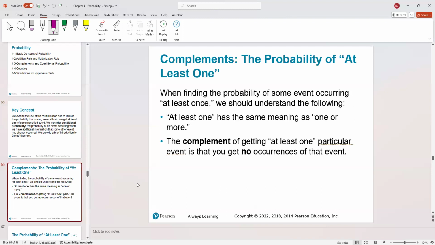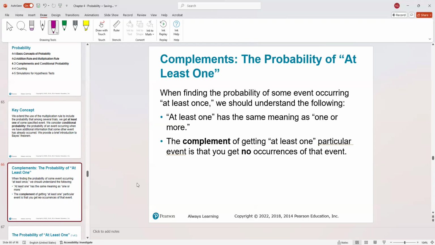We said that complements give the probability of at least one. When finding the probability of some event occurring at least once, we should understand that at least once means one or more. The complement of getting at least one particular event is getting no occurrence of that event.